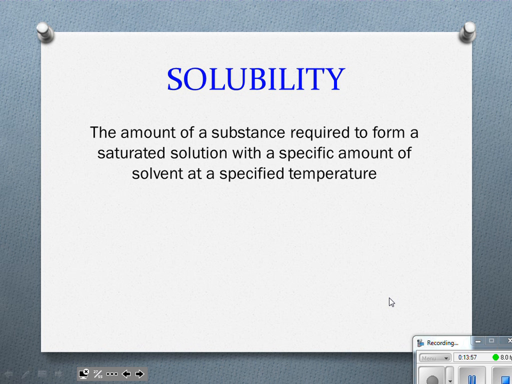And the third one is? A specific amount of? What are we missing? We've got solvent. We've got temperature. What else do we need for a solution? The solute, right?